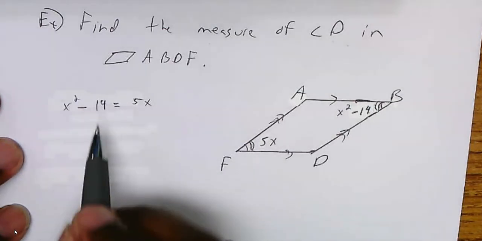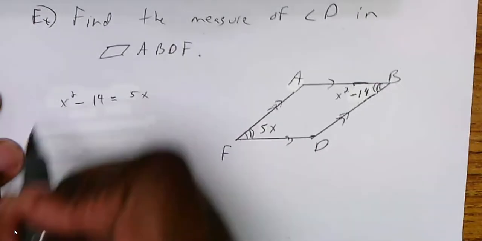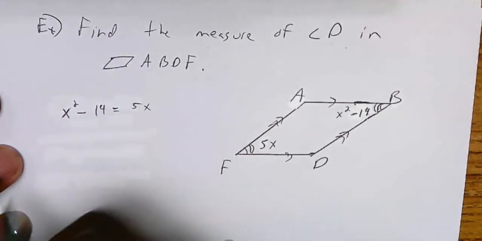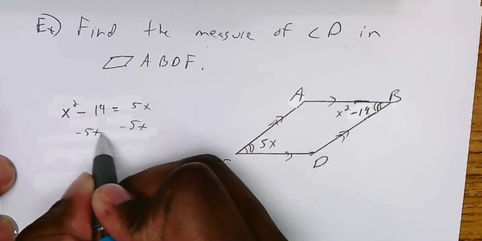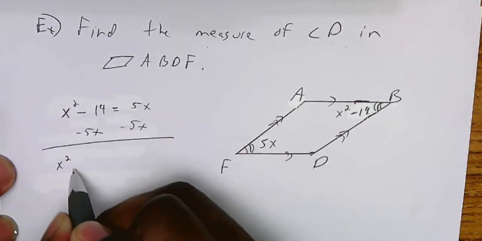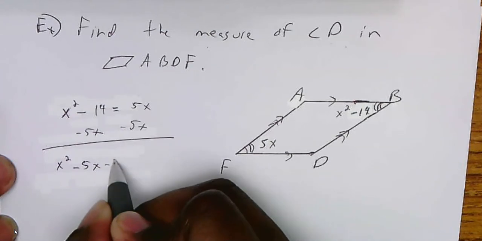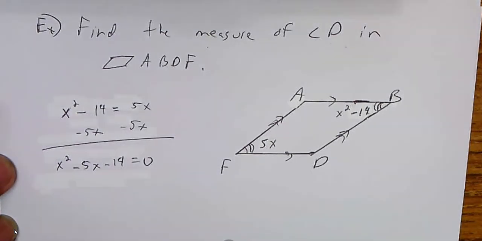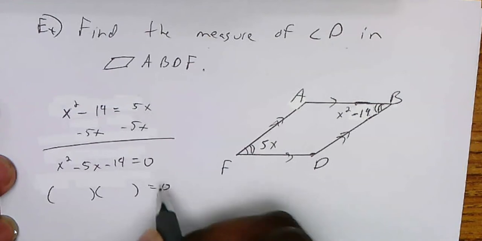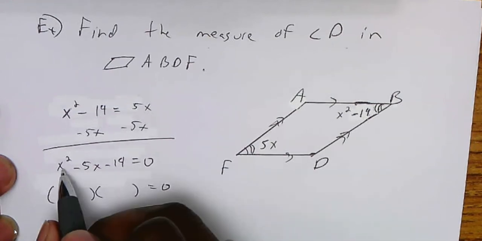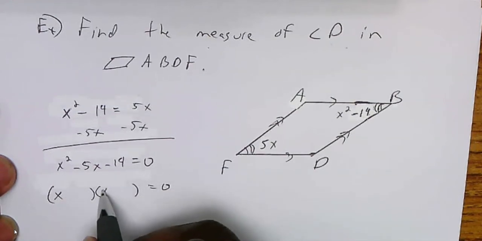So to finish solving, this is a quadratic equation. So you need to either factor or use the quadratic formula. So I can subtract 5x from both sides. I'll get x squared, take away 5x, take away 14 equals 0. And basically this is pretty easy to factor, because this is x squared, so each one is x here.